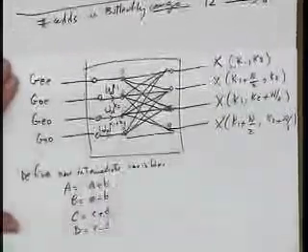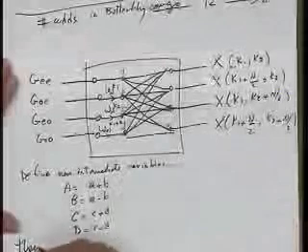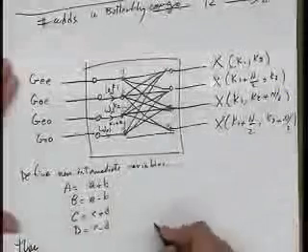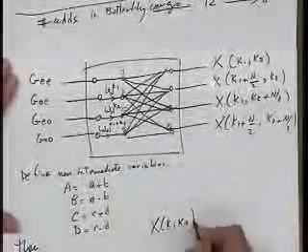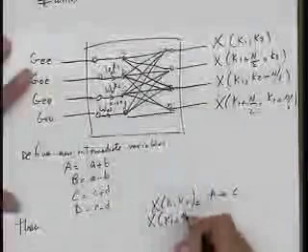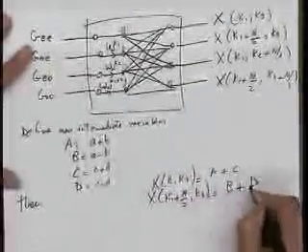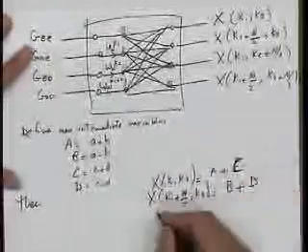Now, if I define these, then I can say that X of k1 and k2 is nothing but capital A plus capital C. X of k1 plus n over 2 comma k2 is nothing but B plus D. These are all capitals.